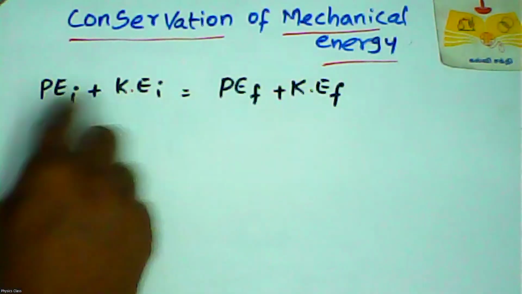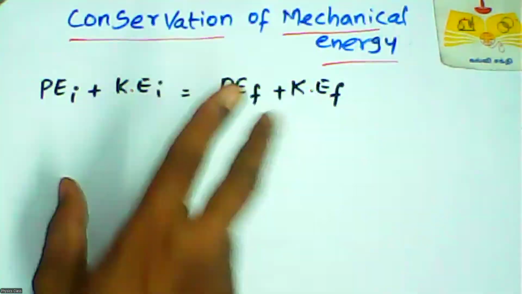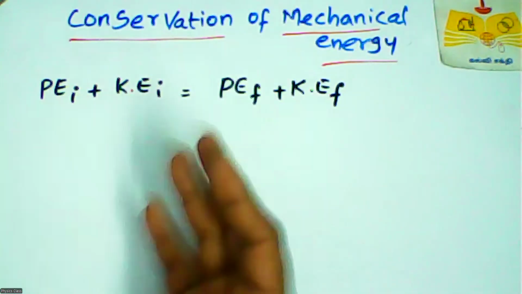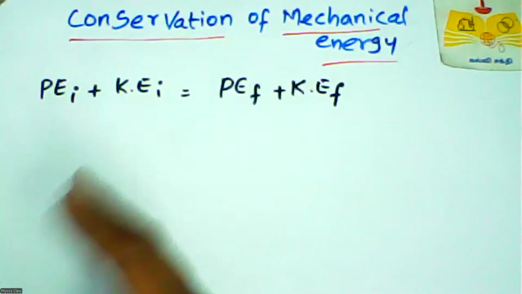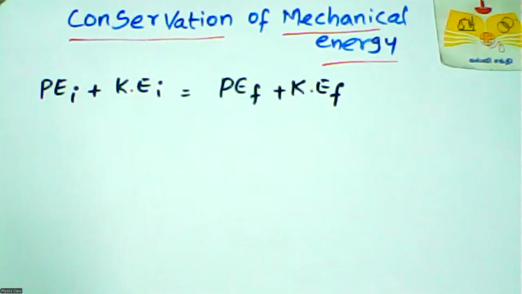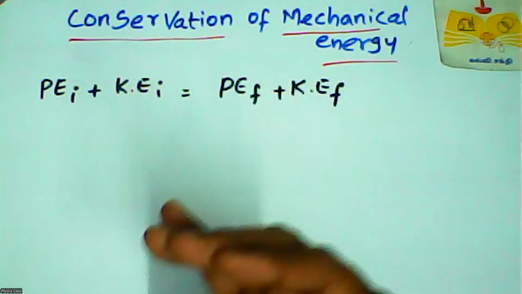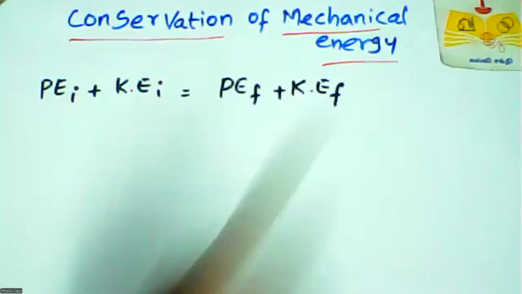So potential energy plus kinetic energy, mechanical energy, before and after the process. Here the process means the ball is dropped from the height and then it hits the ground. Before it hits the ground, we have to find the velocity of the ball.